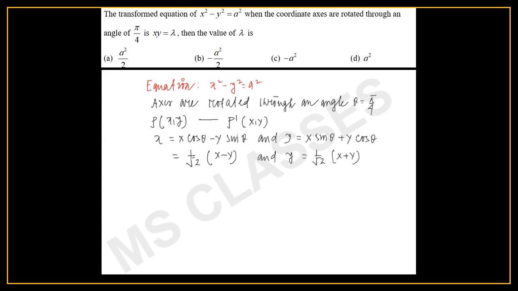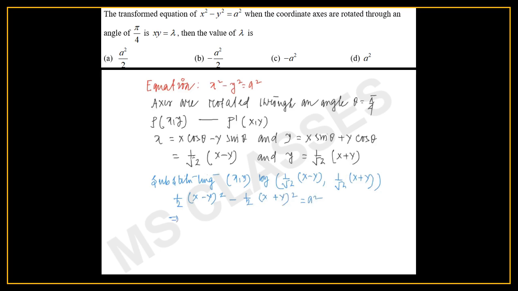So on substituting x comma y by 1 by root 2 capital X minus capital Y, and 1 by root 2 capital X plus capital Y in the original equation, we get 1 by 2 into capital X minus capital Y whole square minus 1 by 2 into capital X plus capital Y whole square equal to a square.